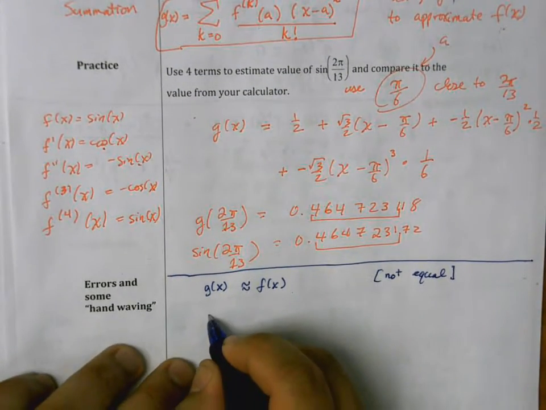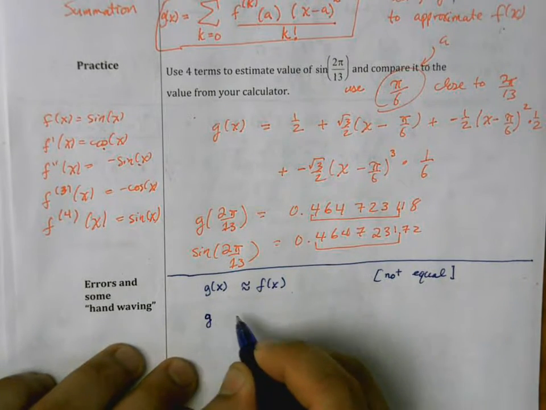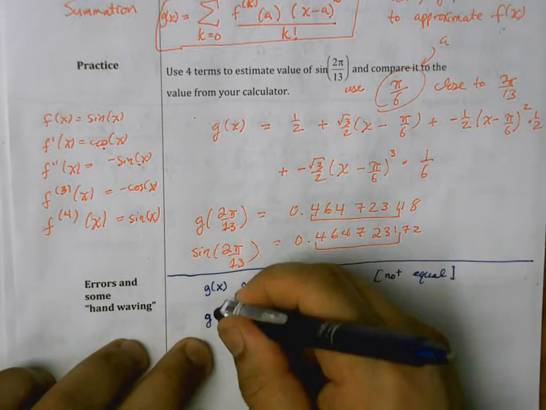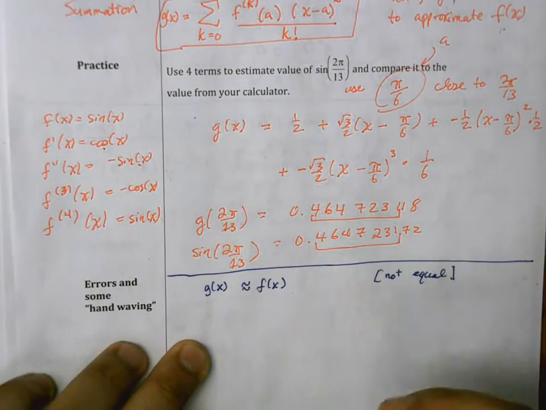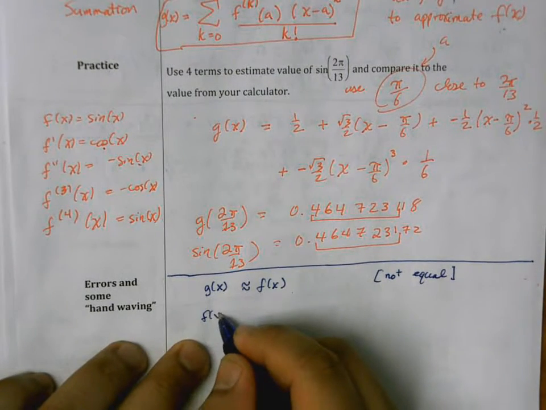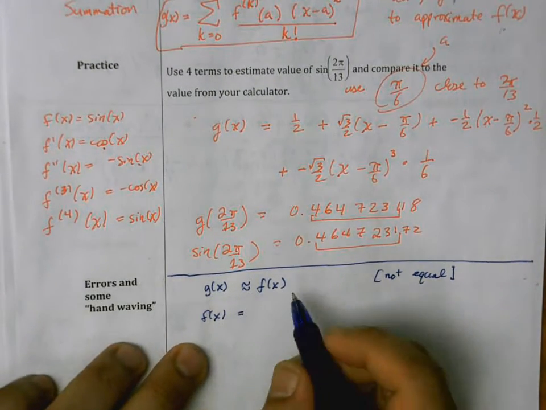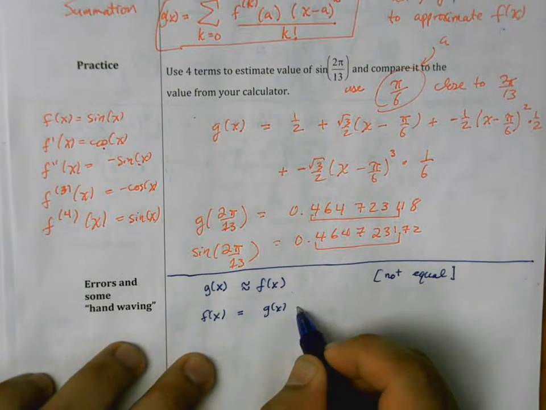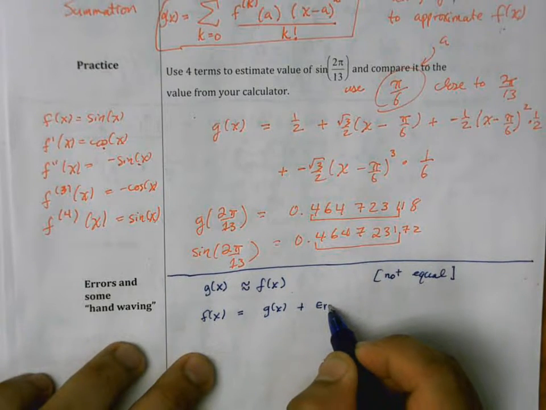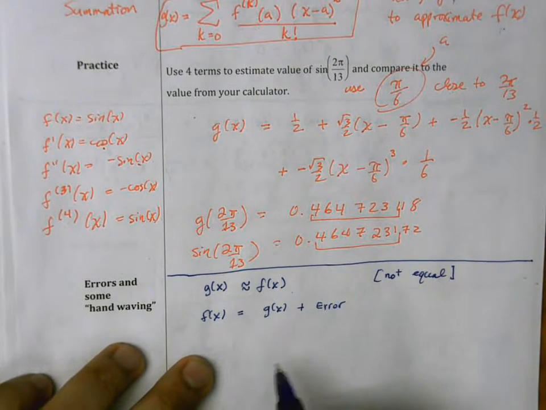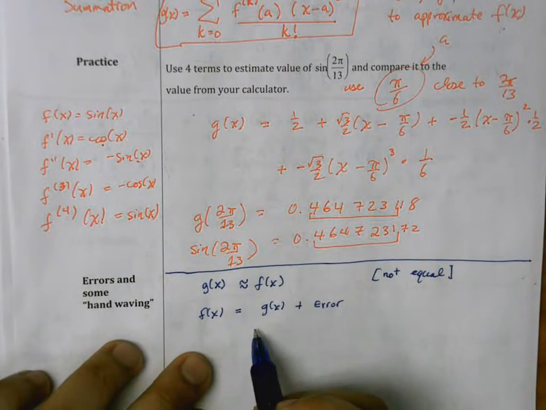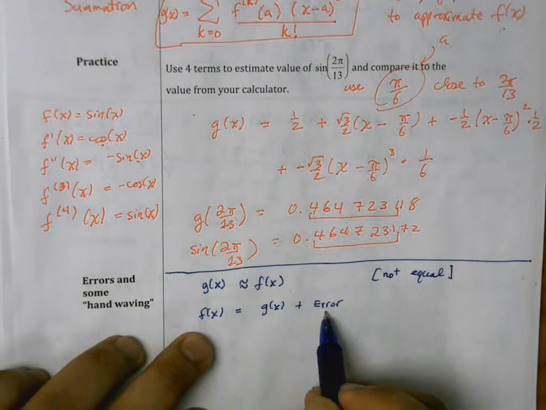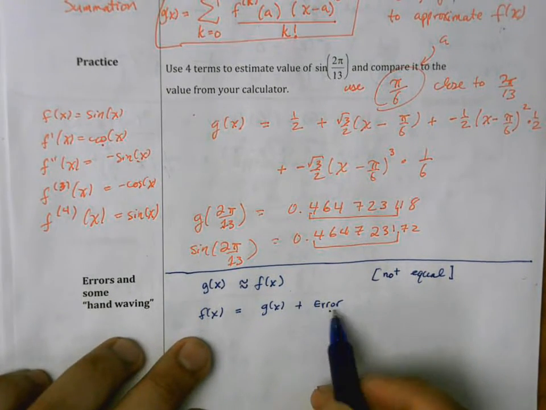In other words, we can think about it this way: f of x is equal to g of x plus some error. So they're not perfectly equal. They're equal to each other, plus or minus some error.